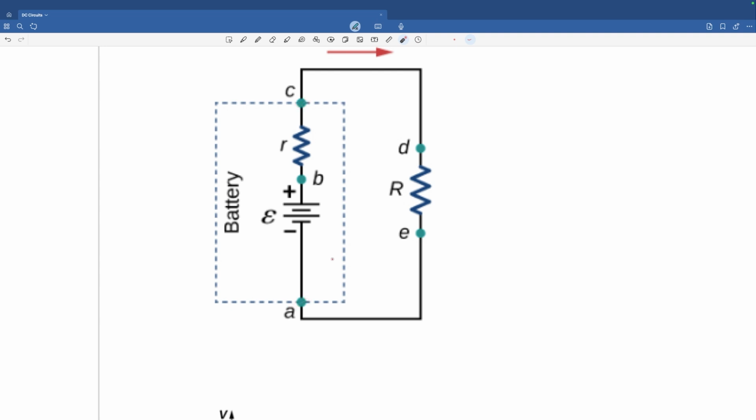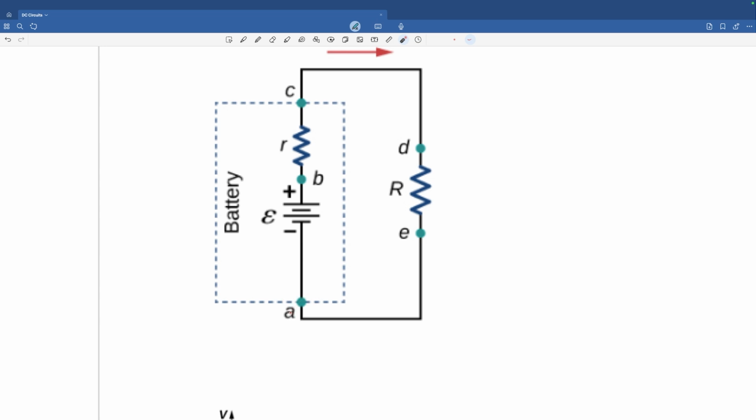The answer is yes. Because electrically, this point C is the same as this point D. Because what do you have in between them? You only have a cable which has 0 resistance. Theoretically, okay? Practically, the resistance is negligible. So, electrically, E and A are the same point.